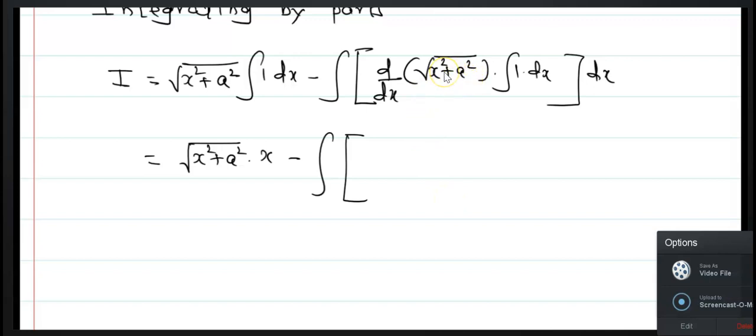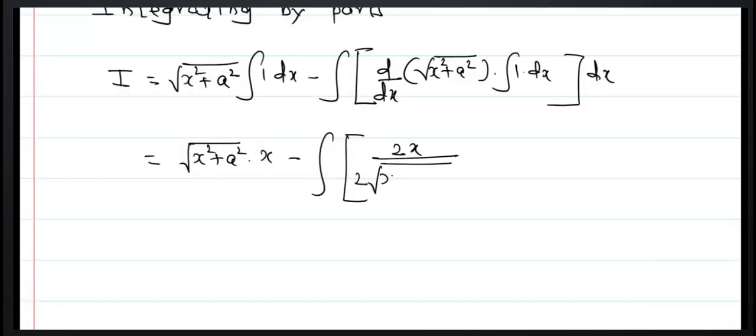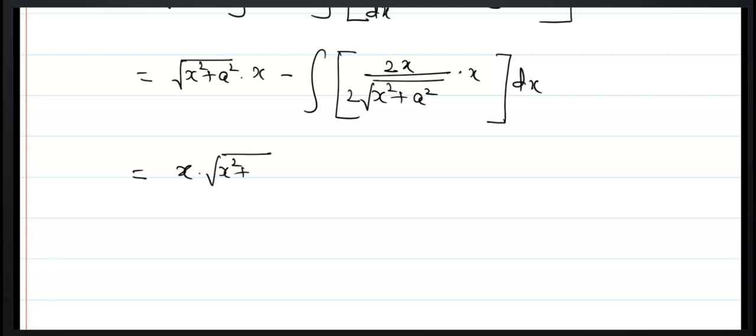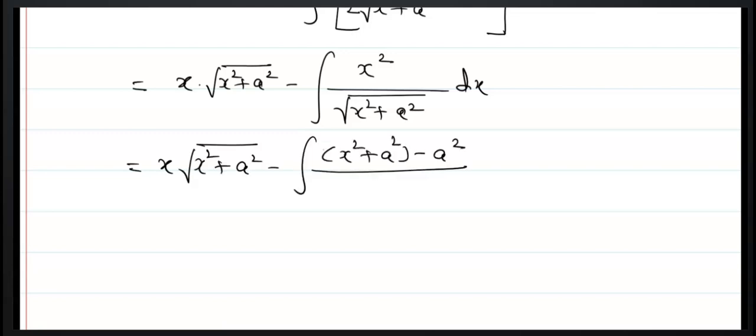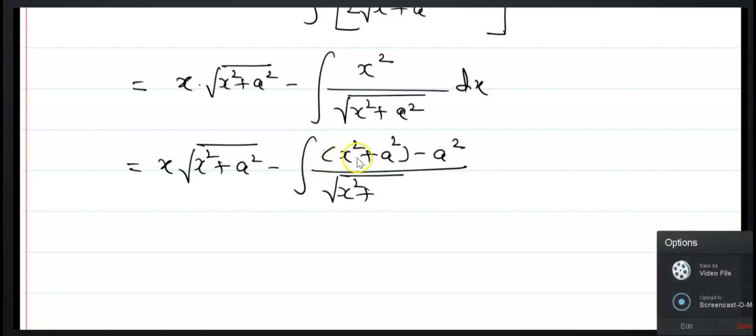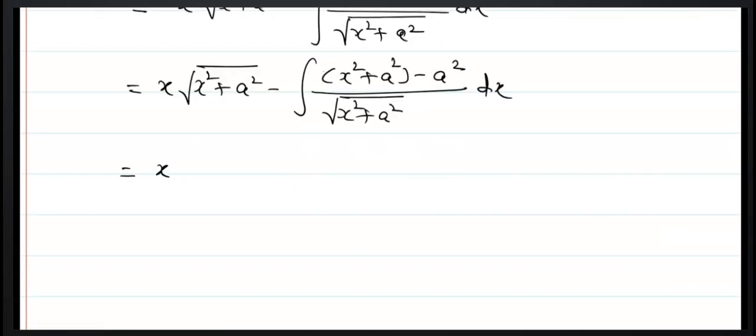The derivative of x square is 2x, a square is 0, integral of this 1 is x. Therefore, x root of x square plus a square minus integral of x square upon root of x square plus a square dx.